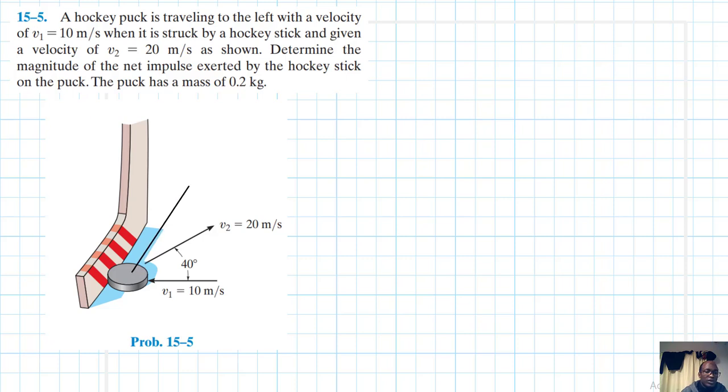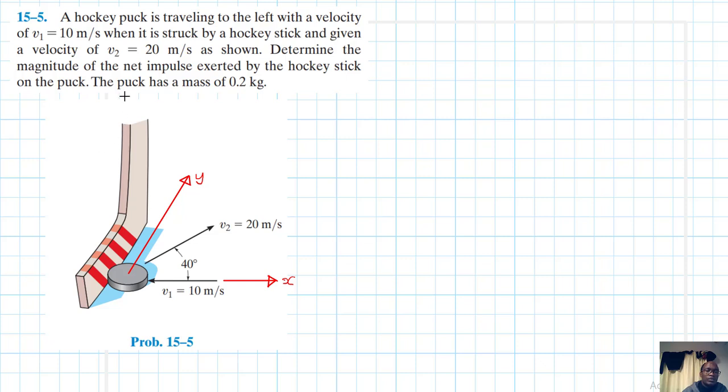Let's draw another component in this direction, and then we have another component like so. We call this one y, and this one x.